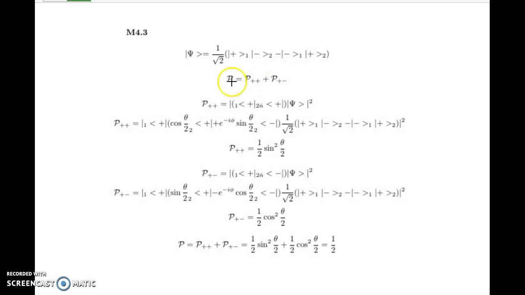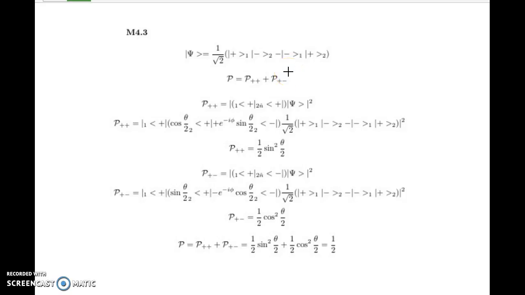Here's where it's the sum of the probabilities, and the two probabilities we're going to have to calculate are where observer A records in the positive direction and observer B records in the positive direction in the n hat direction. And then the other probability is where observer A measures, again, positive in the z-axis, and observer B this time will measure negative in the n hat direction.